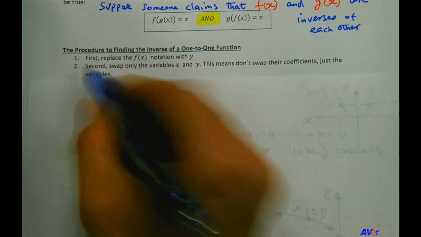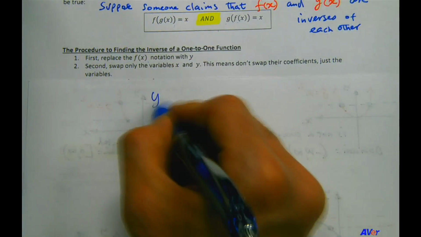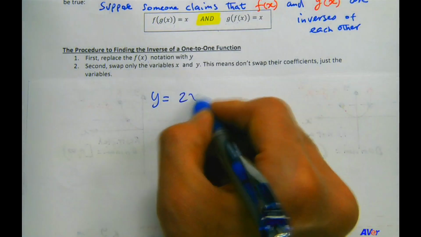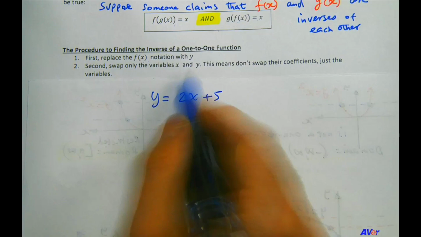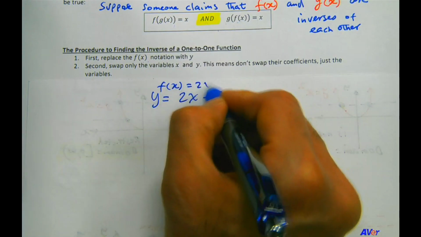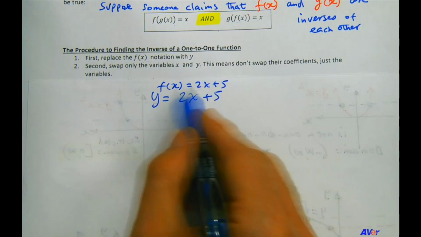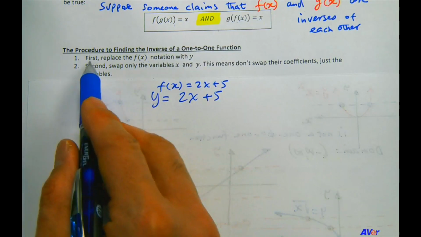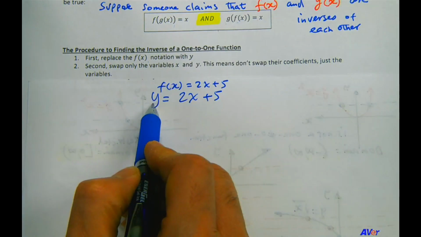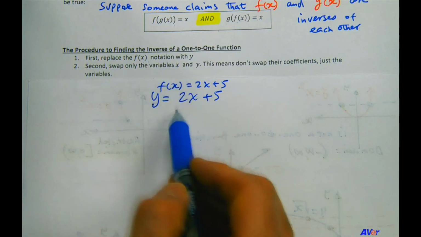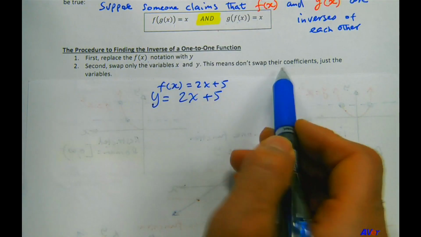Suppose you have y equals 2x plus 5. So we began with f of x equals 2x plus 5, and the first thing we did was replace f of x with y. Then the second thing is swap only the variables x and y, not their coefficients.